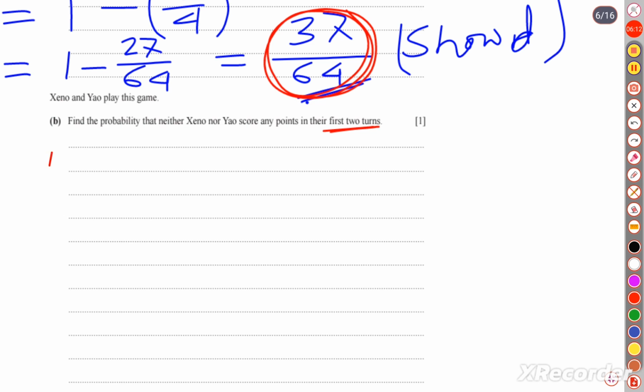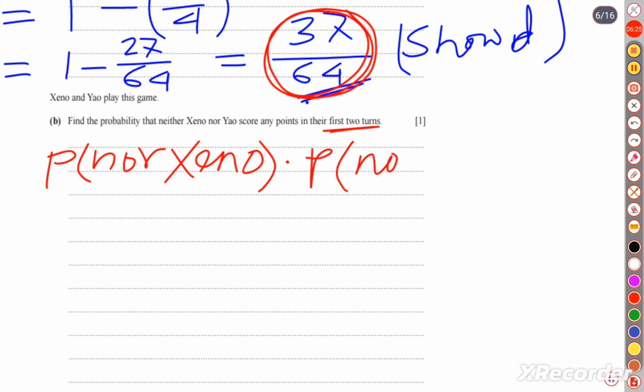Scenario is probability of not Zeno into probability of not Yao. Now you may ask what is the necessity of multiplication in between them.